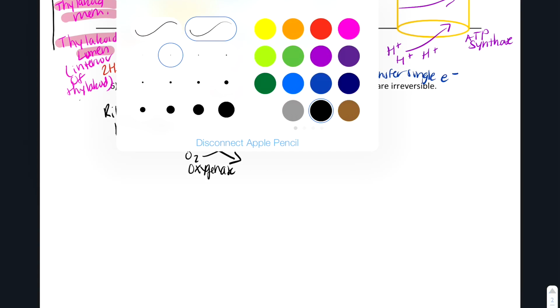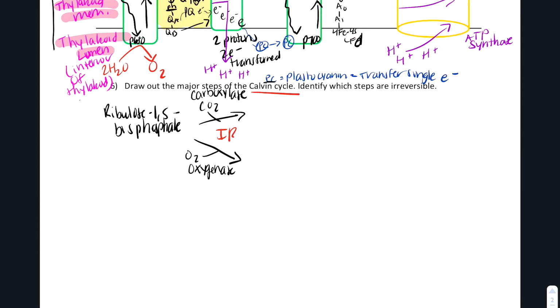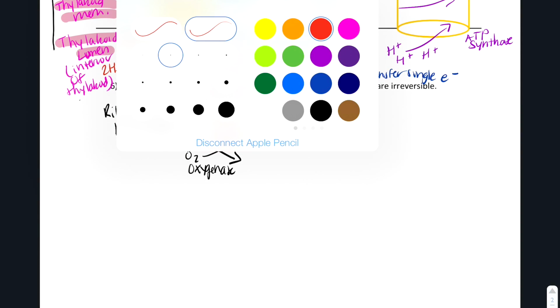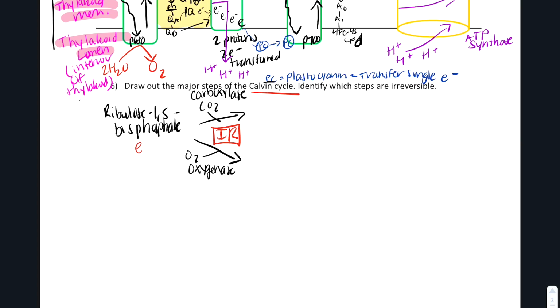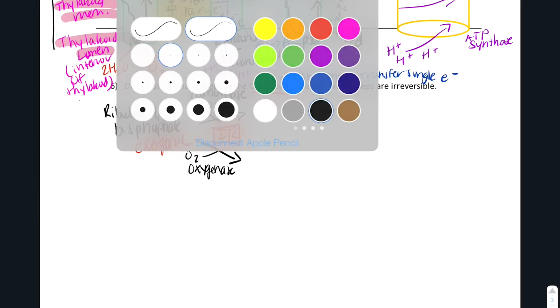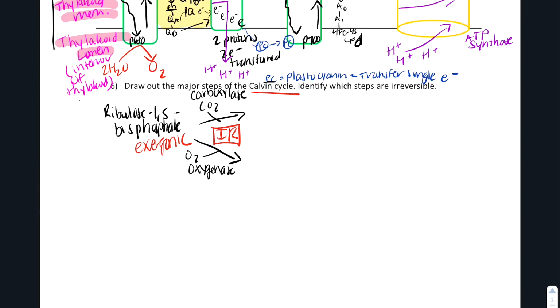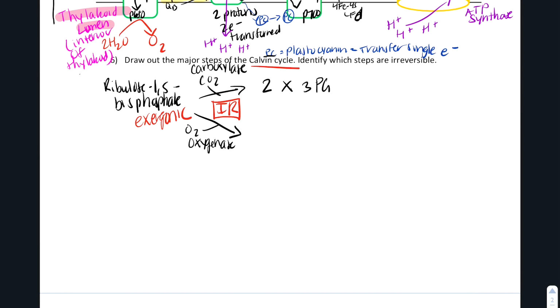It's really important to note that these two steps are irreversible, and they are an exergonic process because they don't require the input of energy, yet they're irreversible. And that creates 3PG, and for the oxygenase, it creates 3PG, but also 2PG.